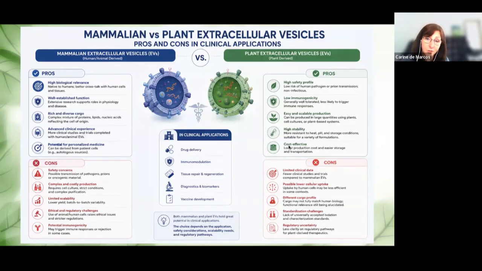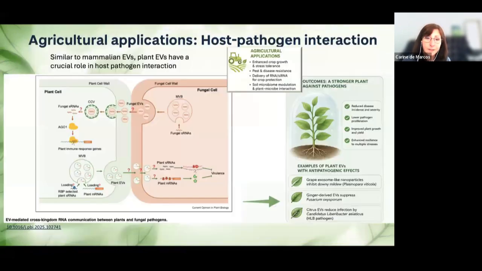They are therefore cost effective, and they have a high safety profile compared to mammalian EVs. So they have a few advantages and of course a few disadvantages as well. But they might represent a few advantages if we can look into this a little bit more and try to understand if we can take advantage of these pros that they represent.